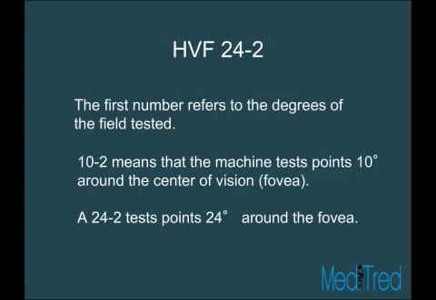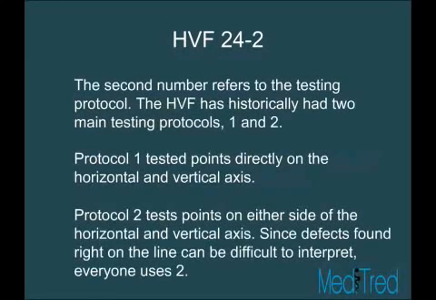The Humphrey visual field is most commonly used in testing for glaucoma, and a common test pattern is the 24-2 test protocol. The first number refers to the number of degrees of the field tested from the point of fixation. So for instance, a 10-2 means that the machine tests points 10 degrees from the center of vision, and a 24-2 tests points 24 degrees around the fovea.